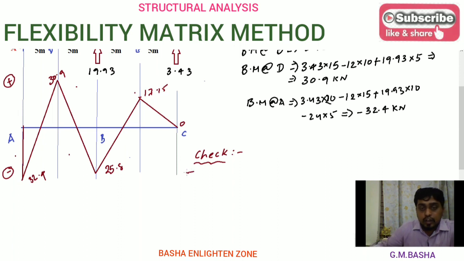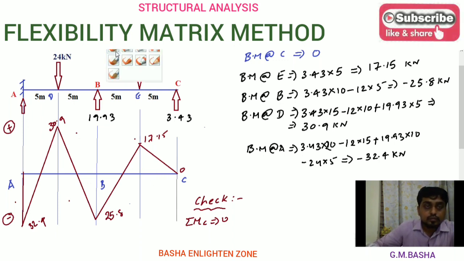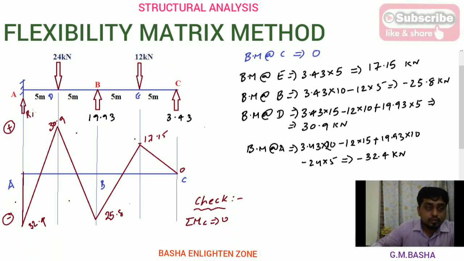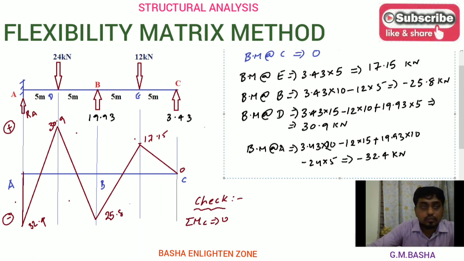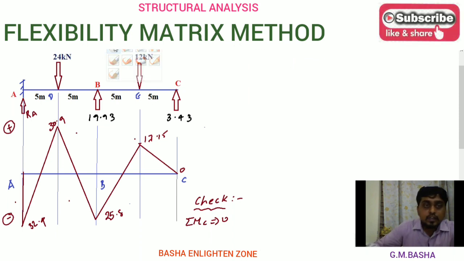See here, I am resolving entire forces up to C. Before going to resolve that one, calculate reactions at the supports. So I want to find the reaction at A. So if you want to find the reaction at A, what we have to do means, upward reactions minus downward loads.